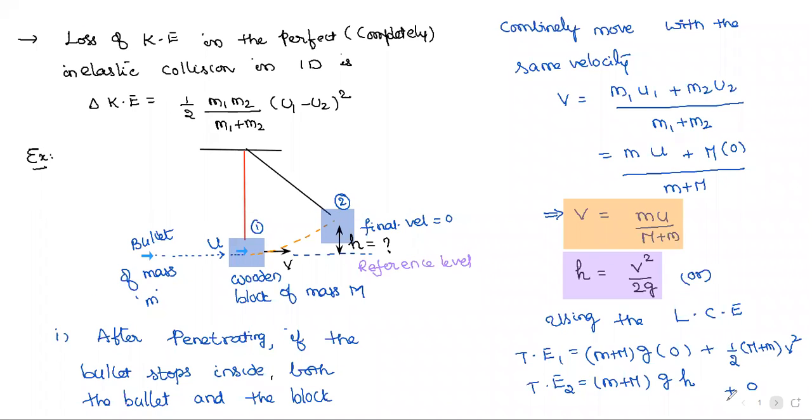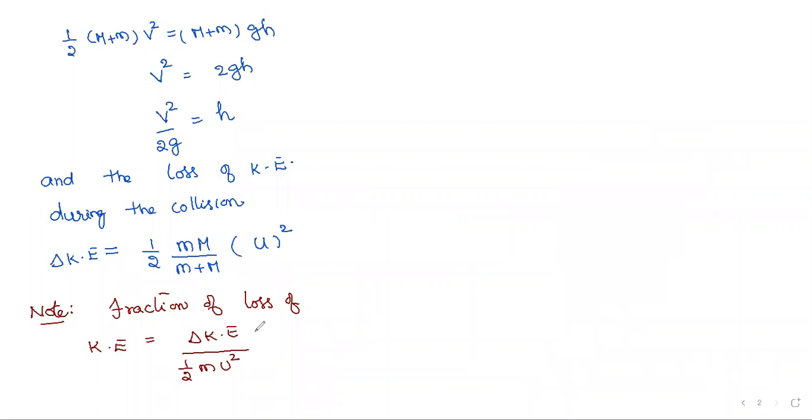Moving back to there. Delta K you already got here. This is half m by m plus M into u square, divided by half mu square, which he is asking.